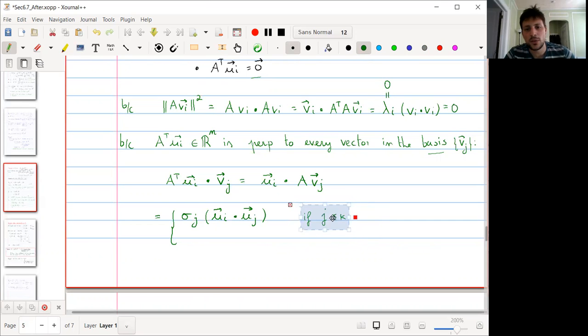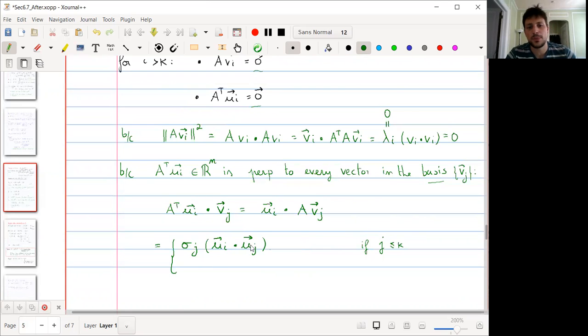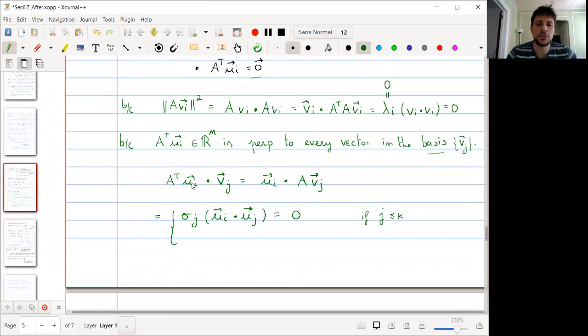But let me comment a little bit more. We're assuming in this inequality here that i is strictly bigger than k. So i and j cannot be the same, but the Ui's are an orthonormal basis. So Ui and Uj are orthogonal, which means that this must be a 0. So A transpose Ui is orthogonal to all of the Vj with j less than or equal to k.